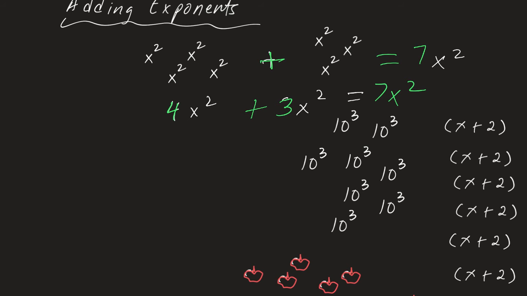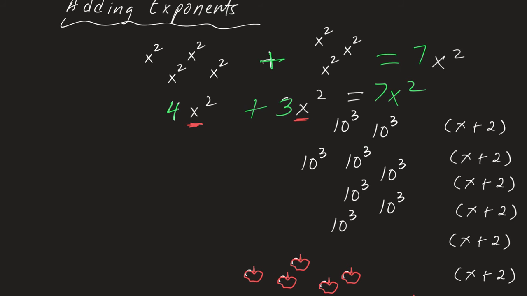That's what we mean by adding exponents. And notice that the important point is not the base, but that the x squared is the same. You can add things that are the same. It would not make sense to add otherwise.